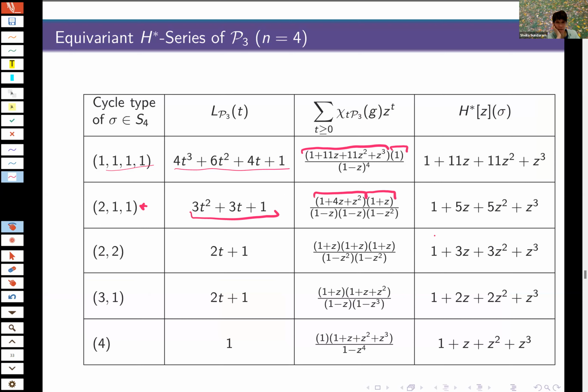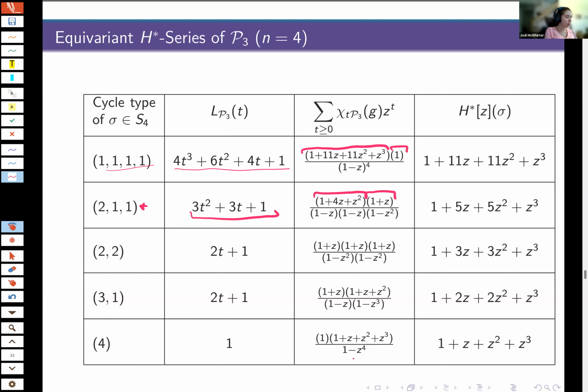You're taking the generating series. So for example, when you take a 4 cycle, this is going to simplify, right? It's just going to be 1 over 1 minus z. Is there a reason that that happens? I'm just noticing that there's a lot of cancellation.